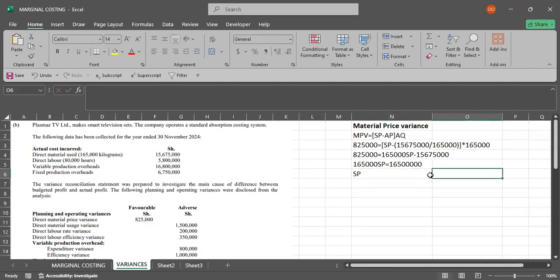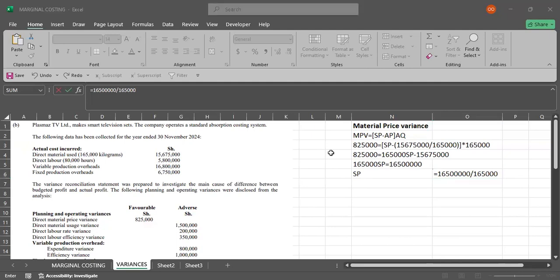What will be your standard price? It will be 16,500,000 divided by 165,000. So let me see what you are getting.